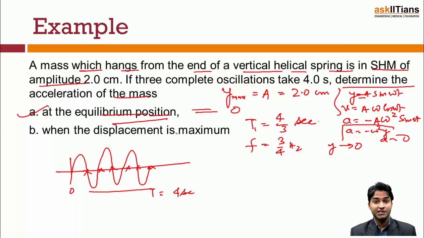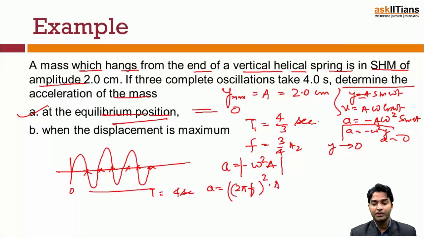When the displacement is maximum, it means the case of amplitude. So acceleration a is equal to minus ω² A, but when we want to know its magnitude, we have to take the modulus. So a equal to ω² is actually (2πf) squared into the amplitude.